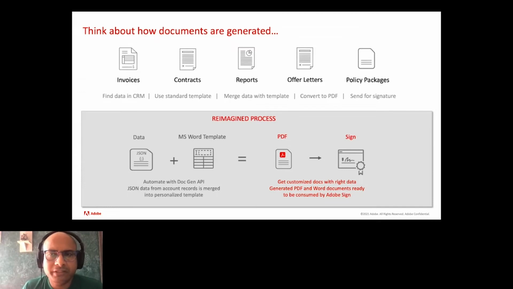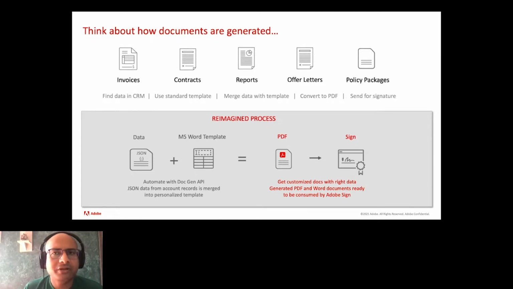So the prerequisite that you need to have is you need to know where the data is, right? So that you can fetch that data. I'll tell you how to structure that data so that it can be converted into a PDF document, right? So the prerequisite is you need to have a Word document with all the placeholders that are going to hold the data.